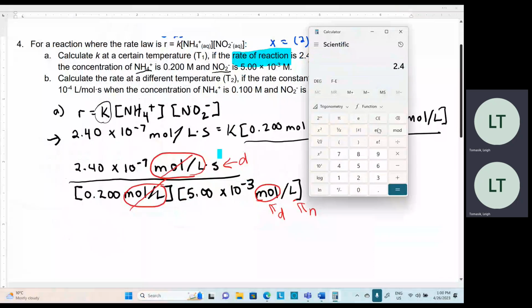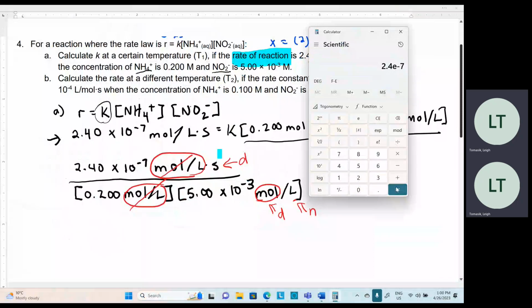2.4. If you have this EXP button on your calculator, it's not usually at the top of calculators. It's usually somewhere close to your equals key. So this one is negative 7. There we go. This is a fast way to do 2.4 times 10. The E stands for times 10 to the power of negative 7.